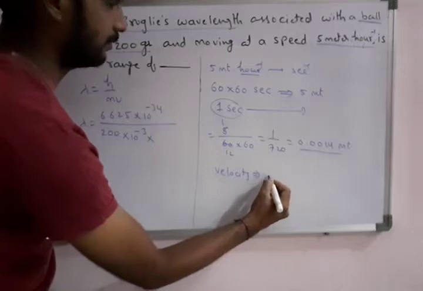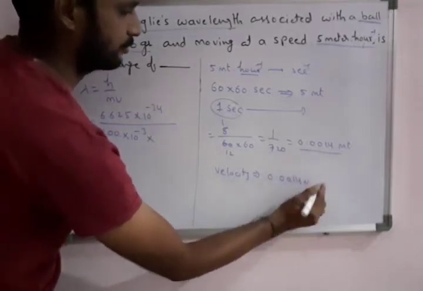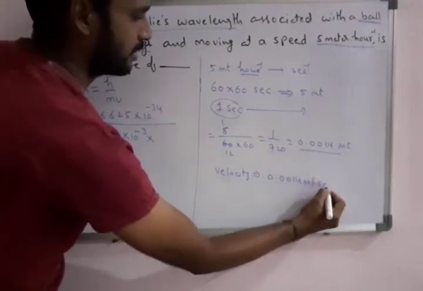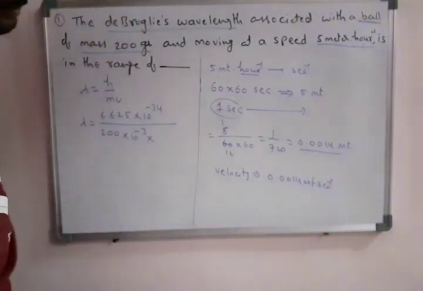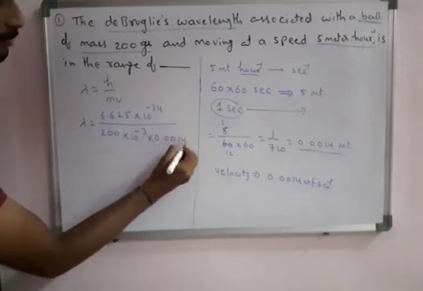Velocity we can write as 0.0014 meter per second. Okay, we can directly write now.